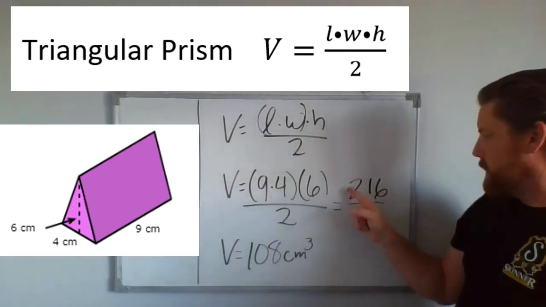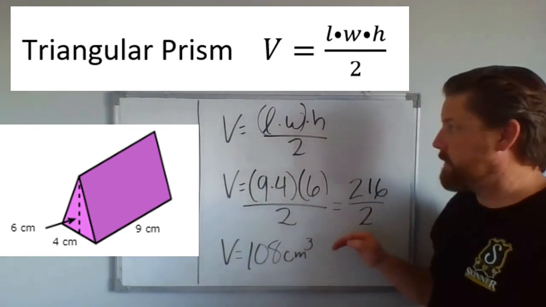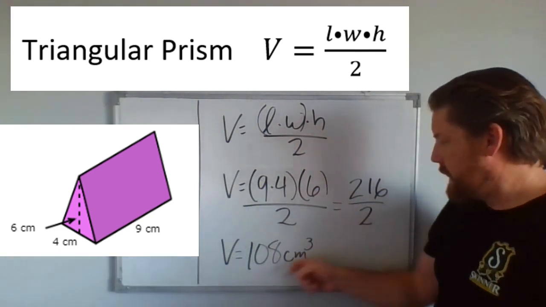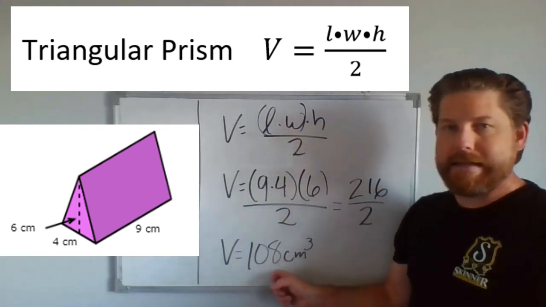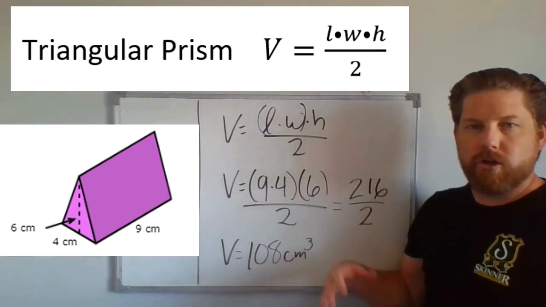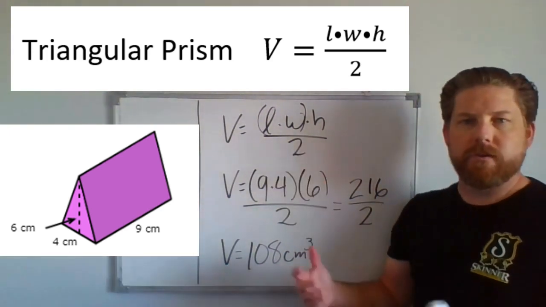So all this works out to be 216. Then we're going to divide that by 2 because it is a triangular prism. And then when we get that, our volume of that triangular prism is 108 centimeters cubed, or cubic centimeters. Okay, so just divide by 2 on those triangular prisms.